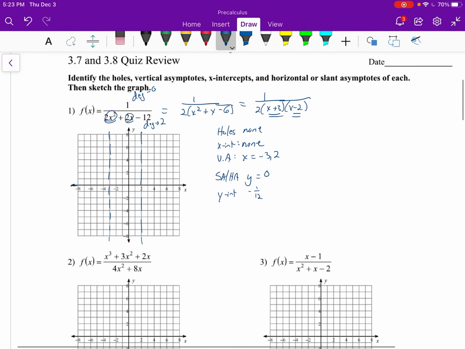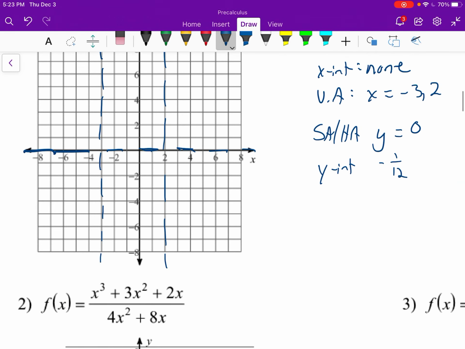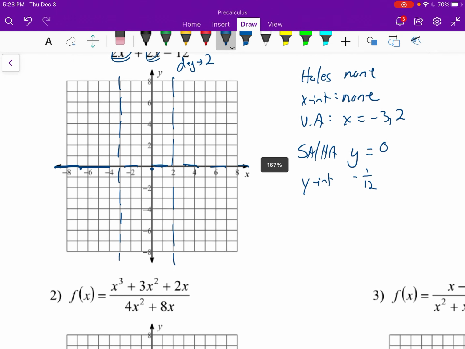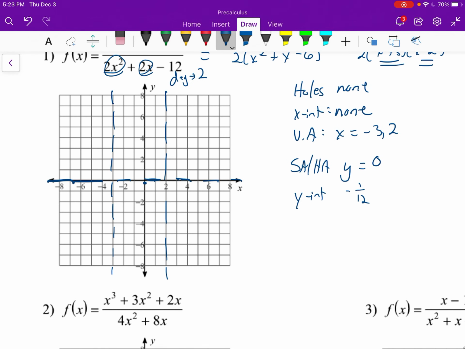So the horizontal asymptote is here on the x-axis. Zoom in, we have a y-intercept at negative 1/12. So really close to 0. And now we need to graph this.